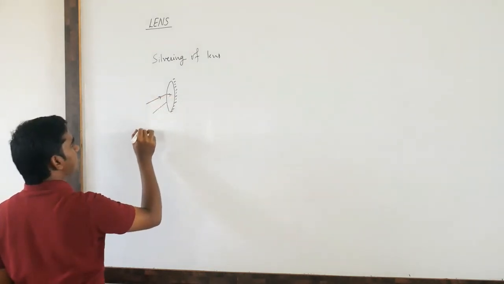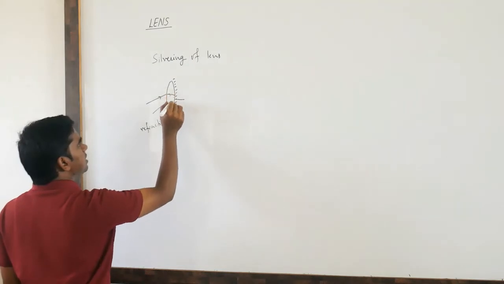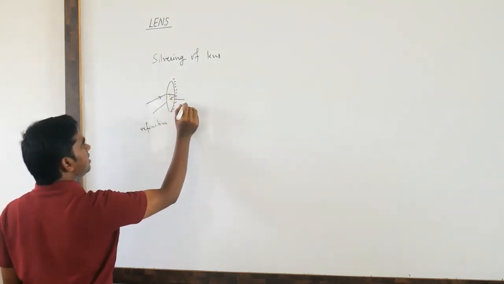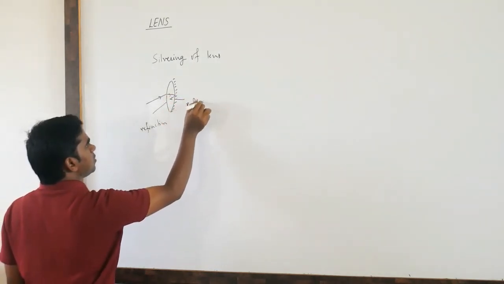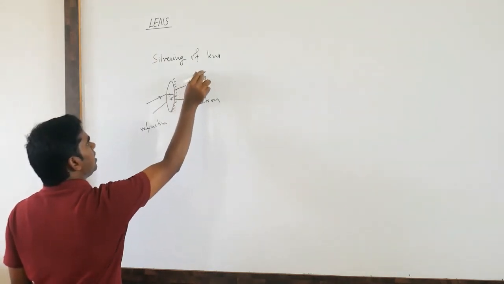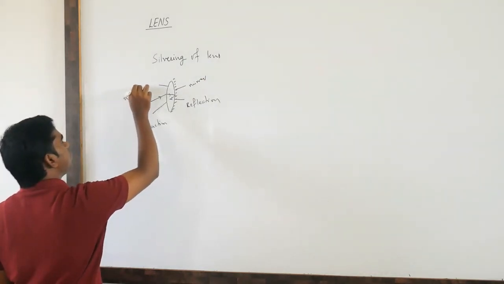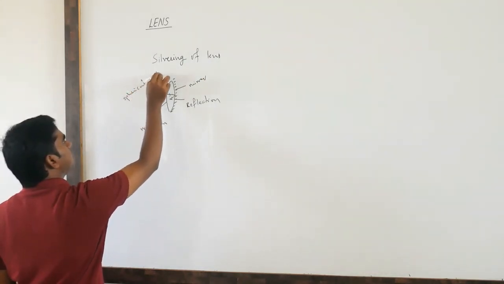Refraction will take place at the first surface. Here, since it is silvered, reflection takes place. Reflection taking place means this will become a mirror, a spherical surface.